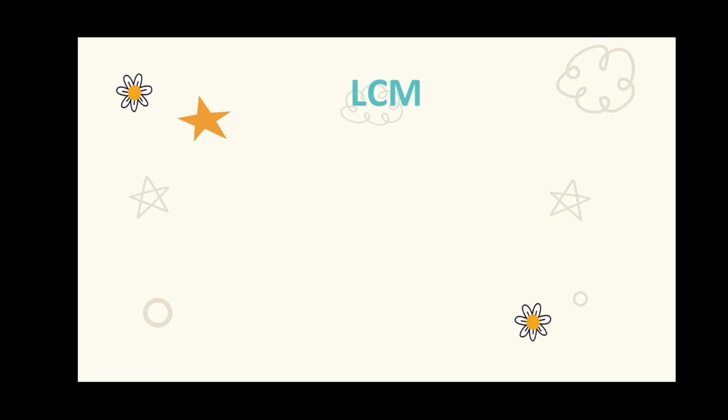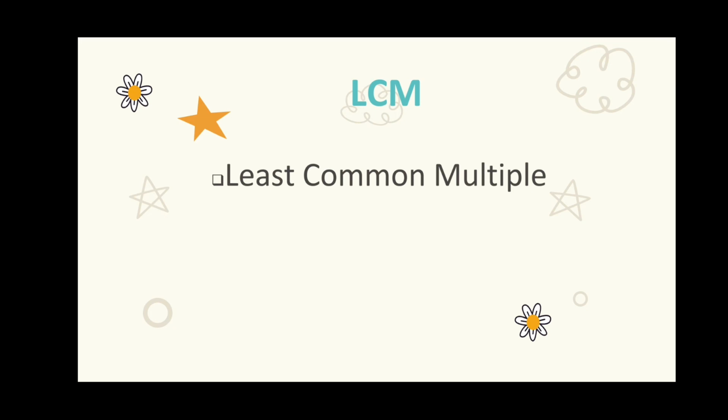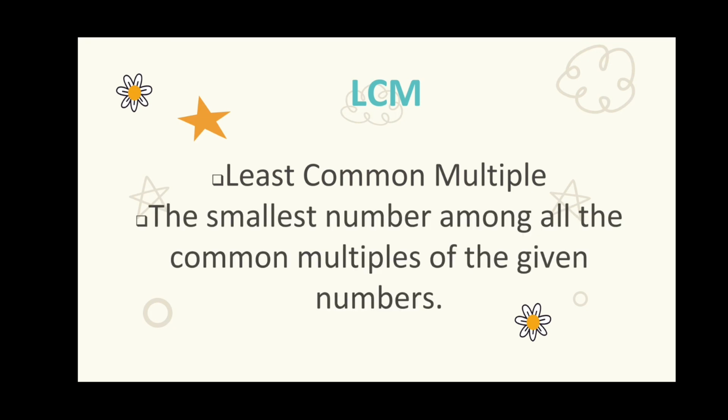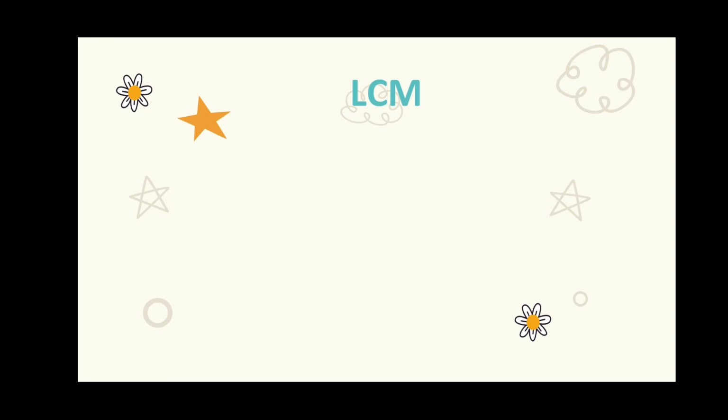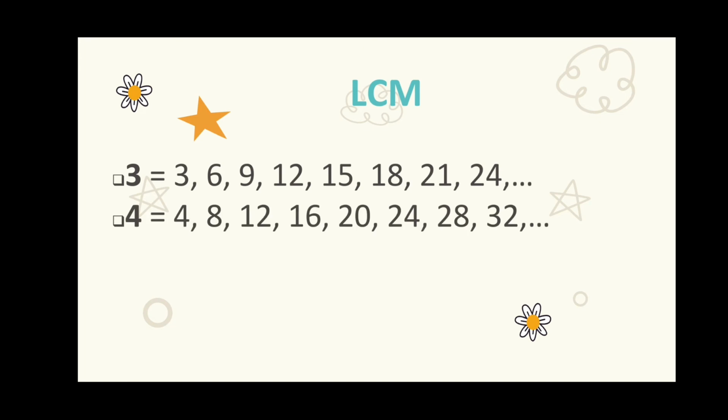Next one is LCM. LCM stands for Least Common Multiple. When we say least common multiple, it is the smallest number among all the common multiples of the given numbers. Let's go back to our example earlier sa common multiples. The given numbers are 3 and 4 again, and those are their multiples.